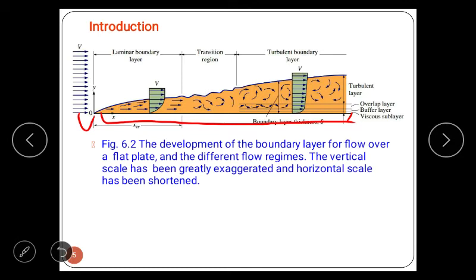Now how is it developing? For that, let's introduce some parts of the figure. This end, where the boundary layer starts forming, is called the leading edge.